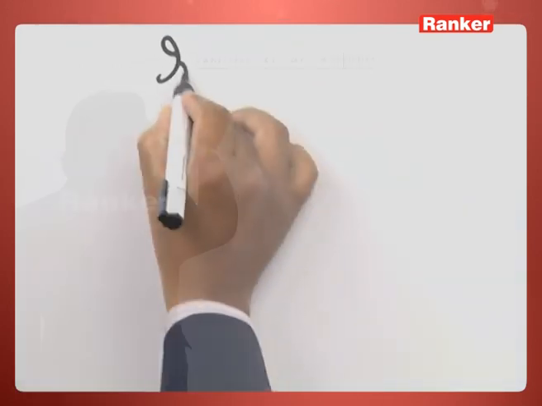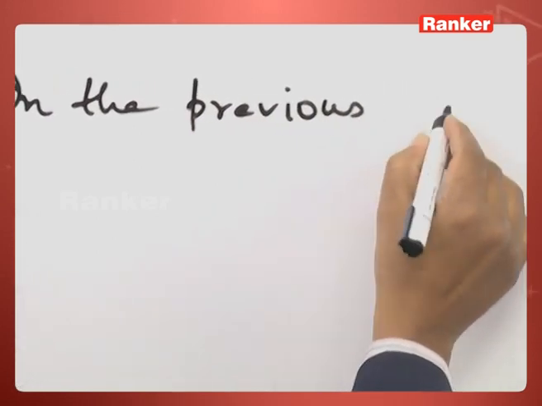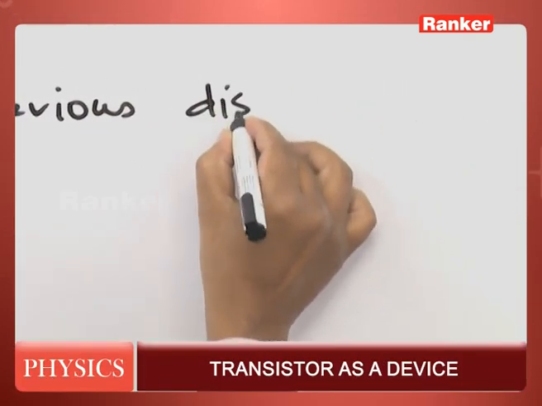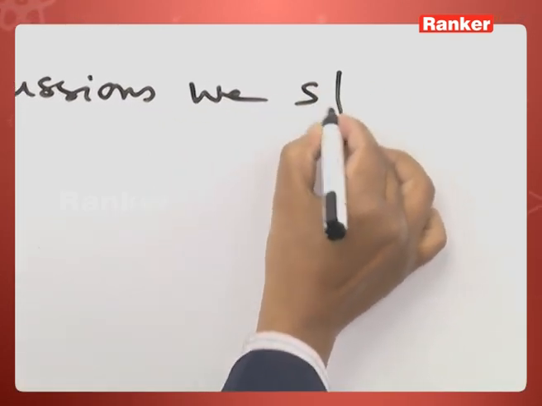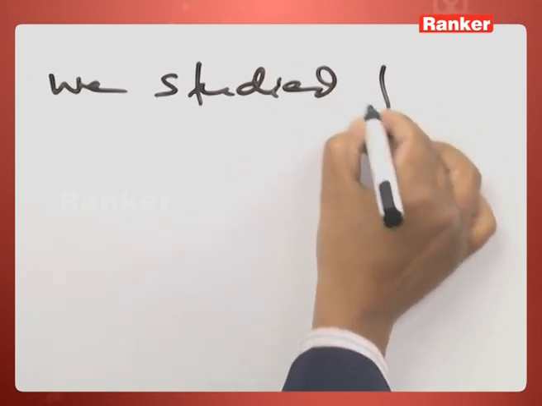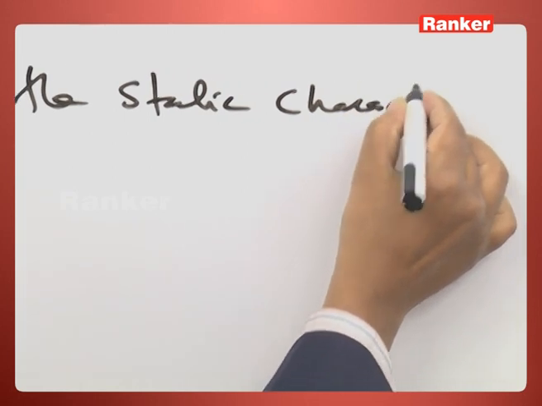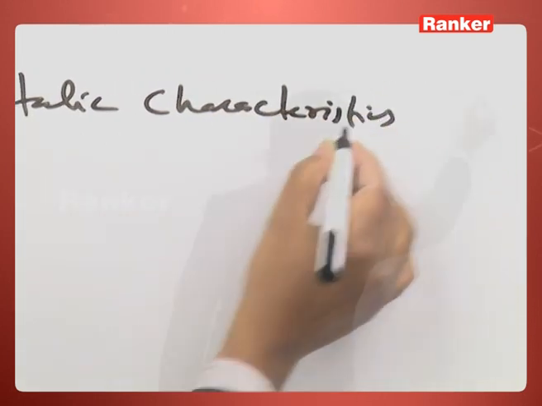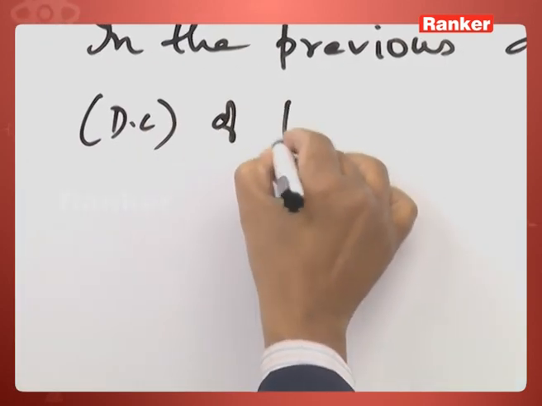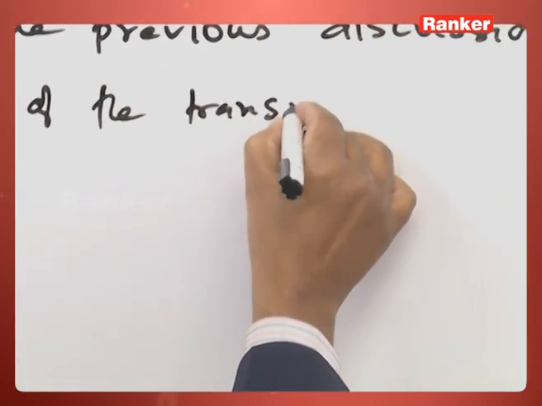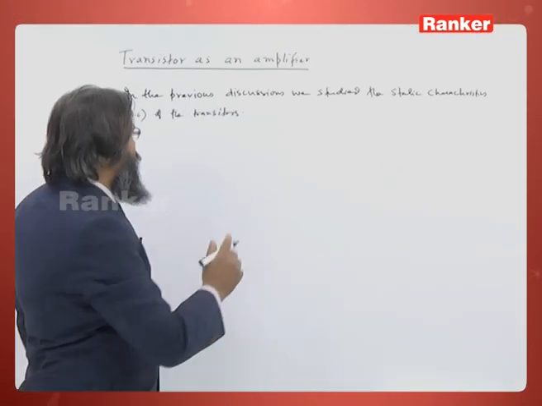In the previous discussions, we studied the static characteristics, that is the DC characteristics of the transistor. That means the input was a DC voltage.